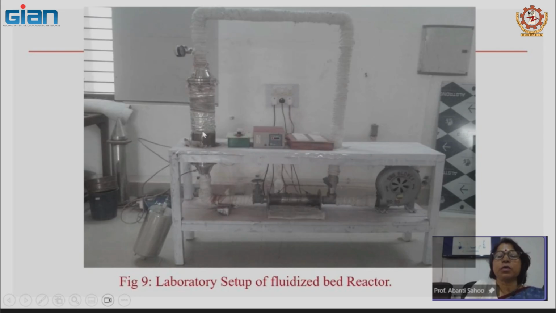Using this fluidized bed reactor, the gaseous pollutant was collected from the Vedanta aluminum plant and passed through the reactor as a secondary gaseous stream, because it is not sufficient to fluidize the material. To fluidize the material, we supplied air, and the reactor was insulated outside, because the heater was provided inside.